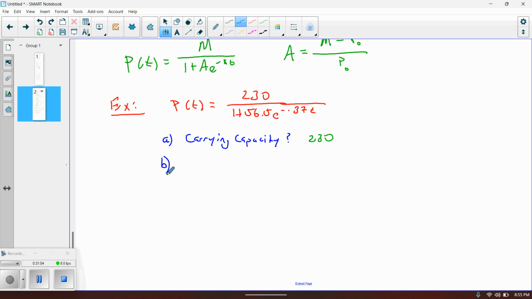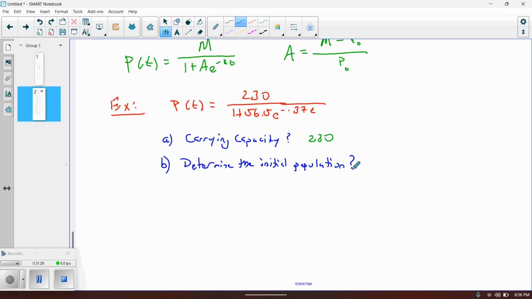And the second part is we're going to determine the initial population. If you want to determine the initial or starting population, basically you want your time to be 0.